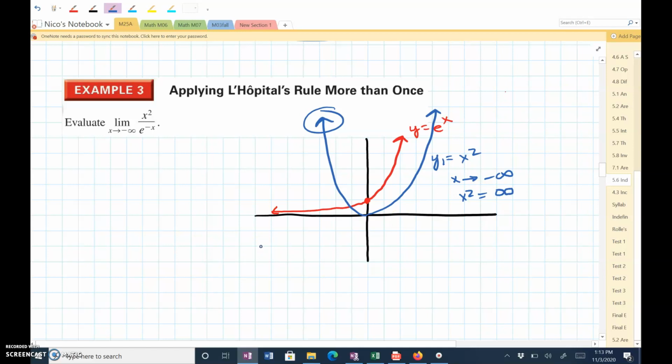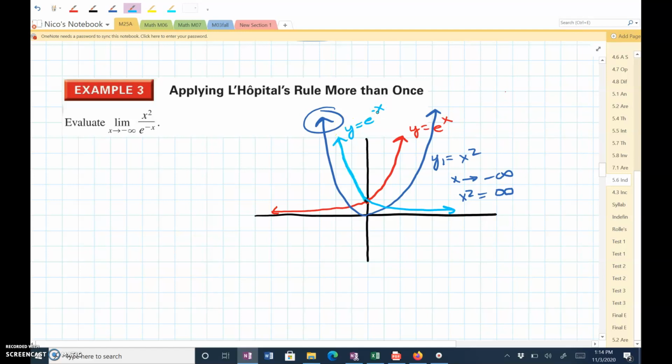The other function here would be e to the negative x.